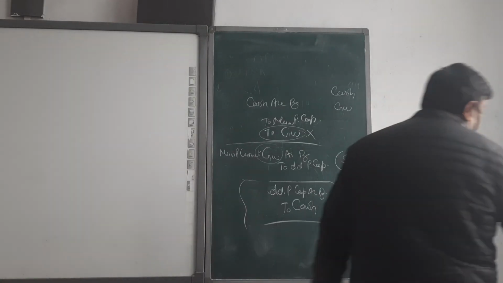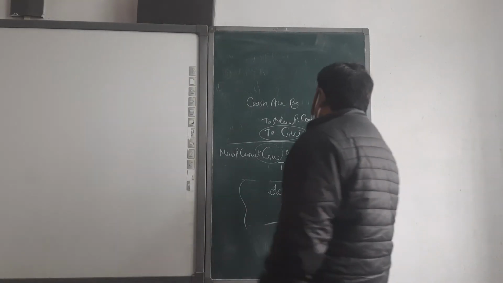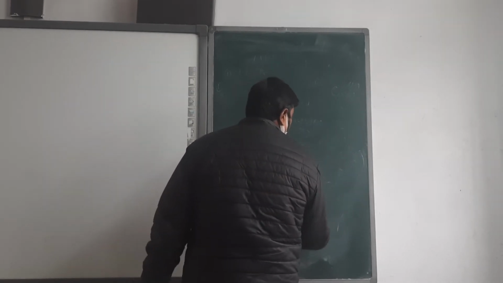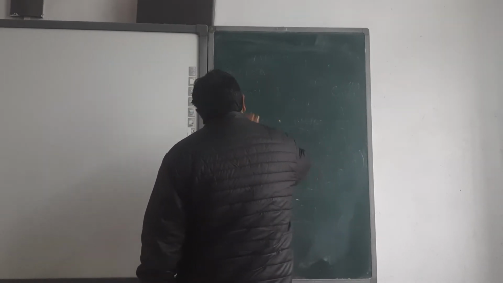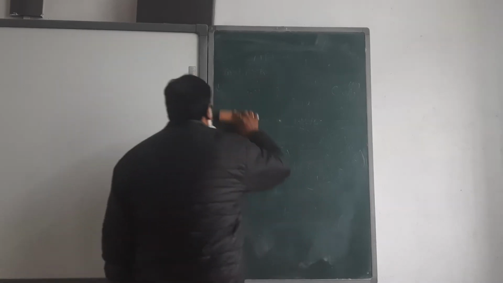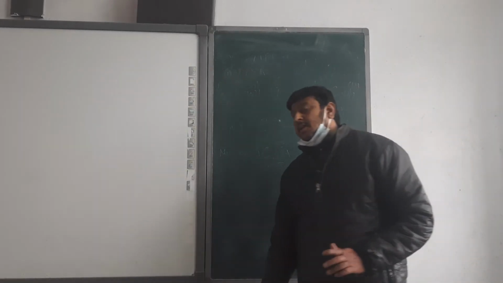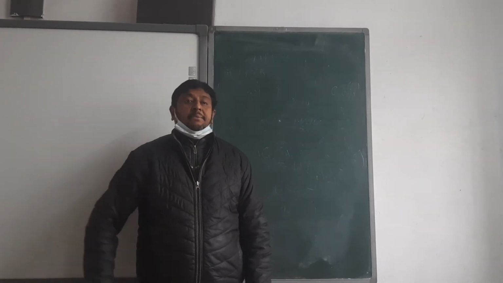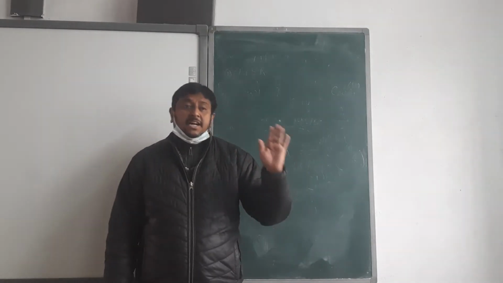The third is the revaluation account. That is very important. First, what is the meaning of revaluation account? The account which is made for knowing the profit and loss by the revaluation of assets and liabilities is called the revaluation account.